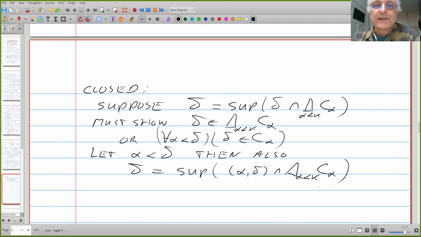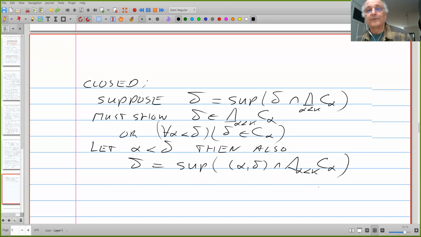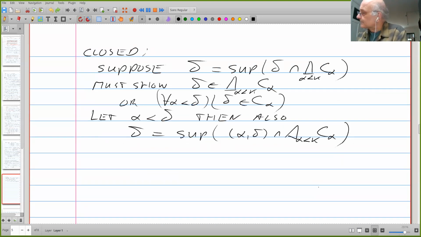So we know that delta is also the supremum of this. But if beta is in that intersection, oh, wait a minute, that was unfortunate.